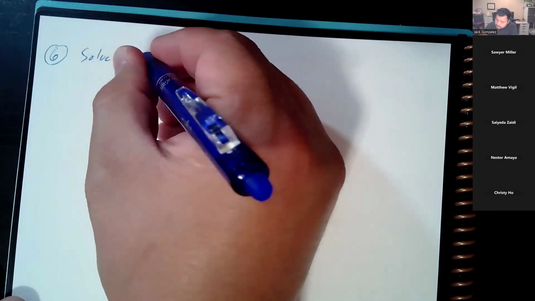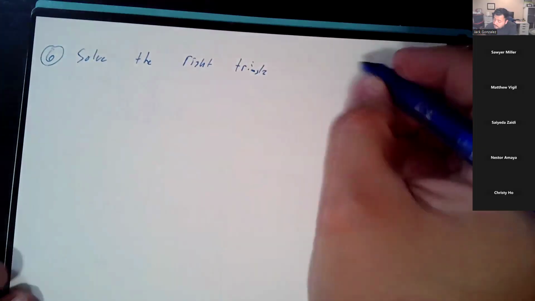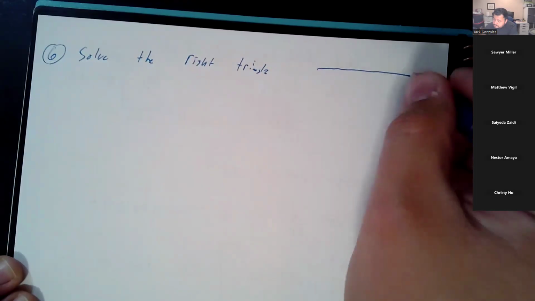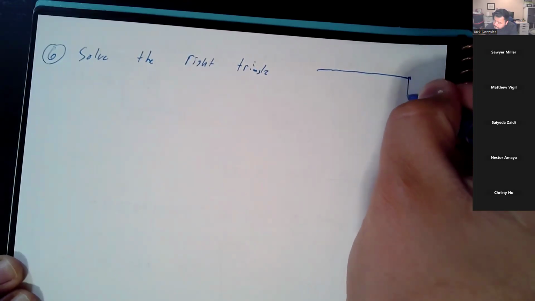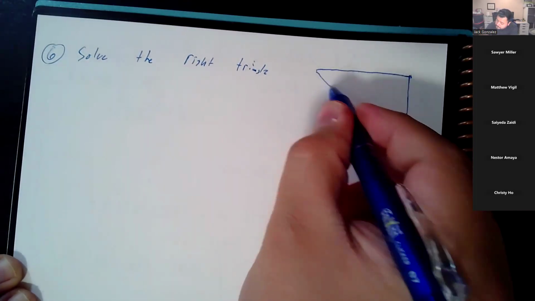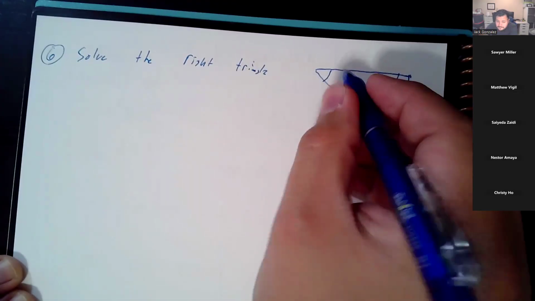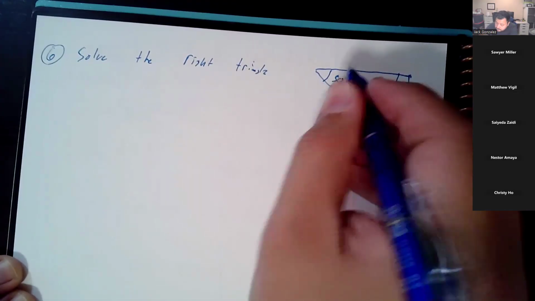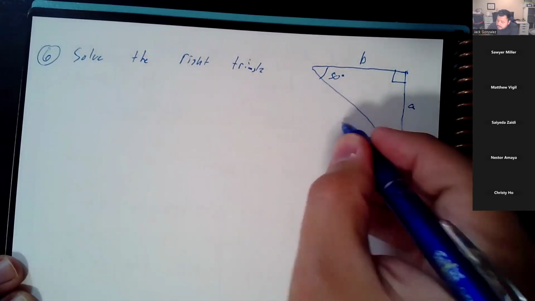This one is number 6. Solve the right triangle. And this is what was given.